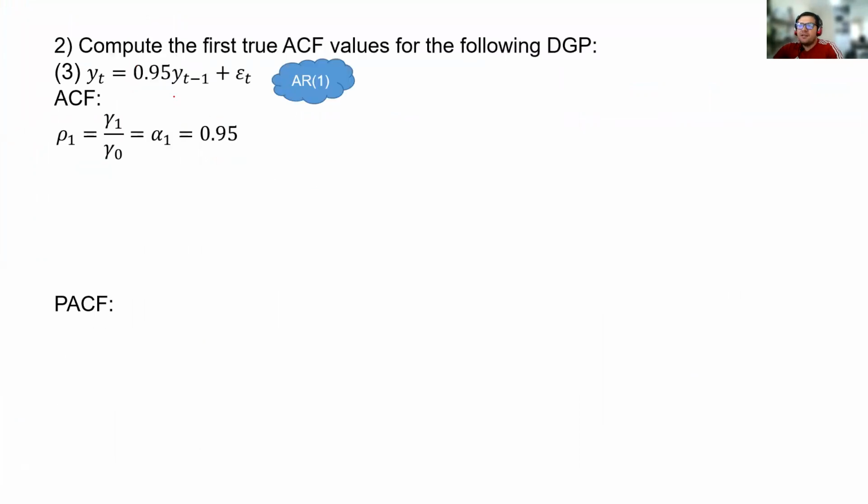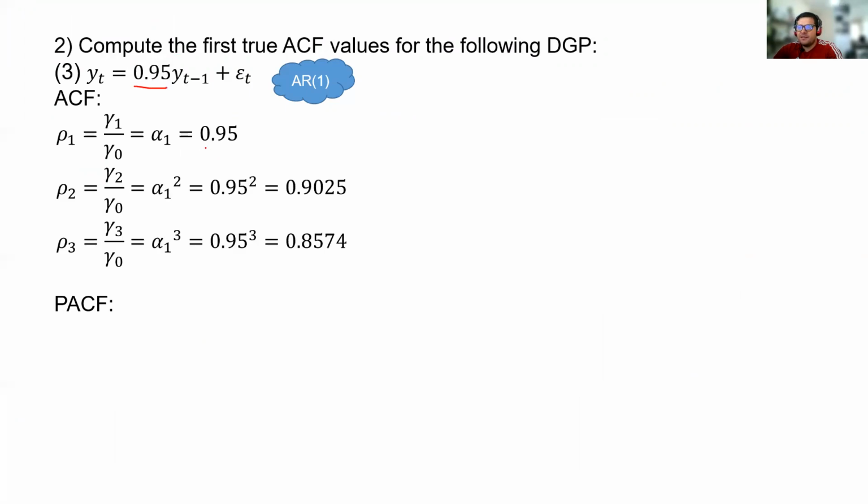Now, let's see what happens when alpha 1 is dangerously close to 1. The decay is not fast at all. It's very slow, right? It goes from 0.95 to 0.90, then to 0.86, and probably to 0.84, and keeps decreasing, lower and lower, and it's going to take a long time to reach 0.